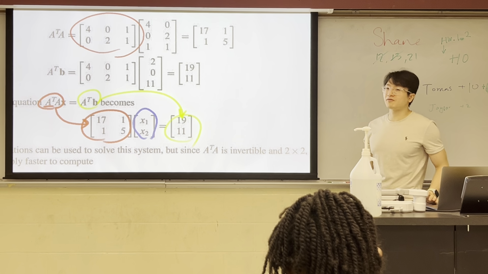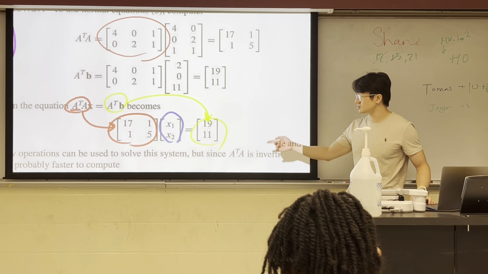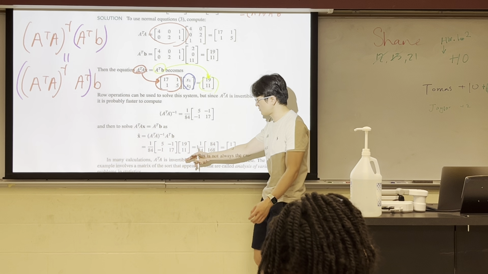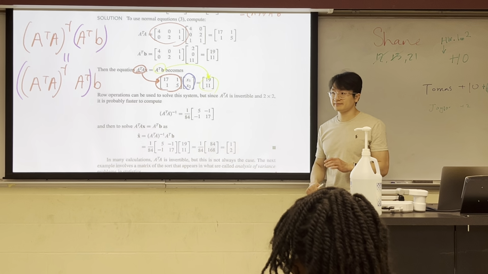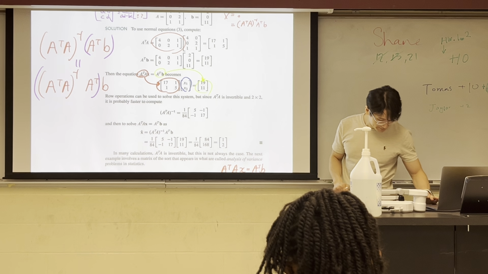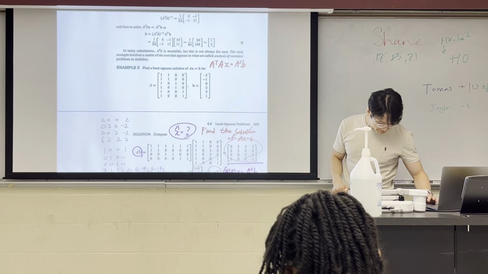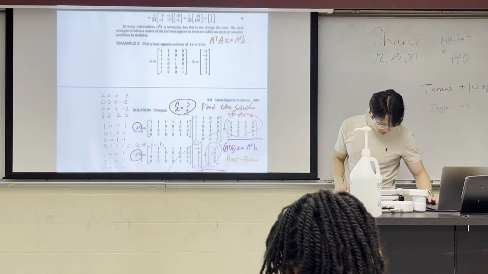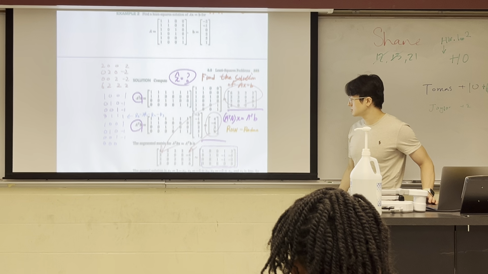So if you don't like finding the inverse, you can also use an augmented matrix. But if you prefer finding the inverse, then you can just simply find the inverse and multiply it, and get the solution. Okay. This is a gigantic matrix, but it's good practice for you to do.